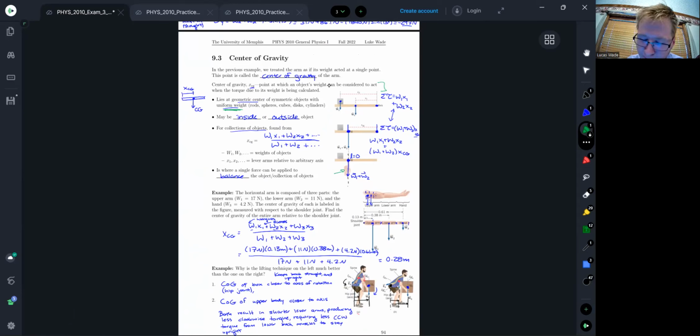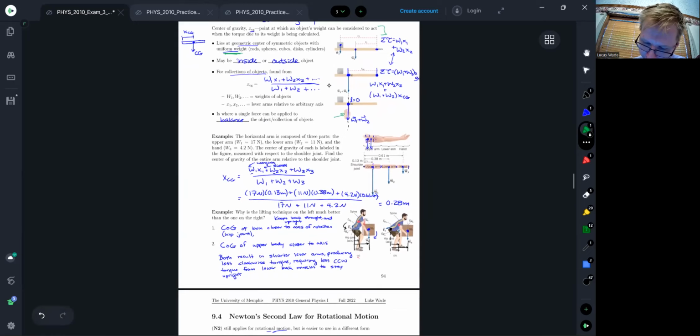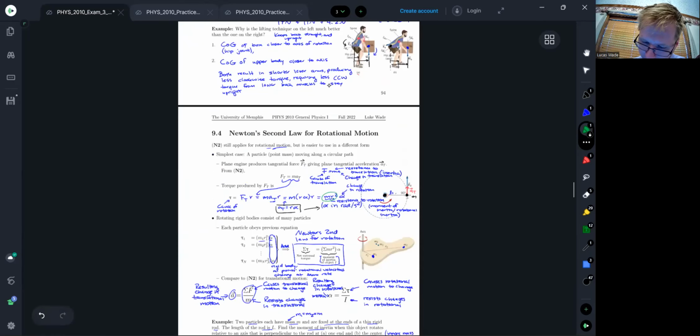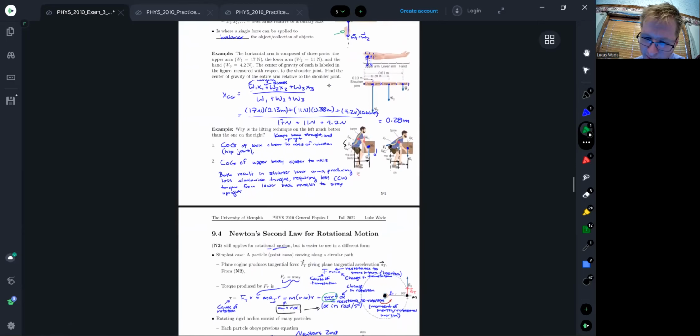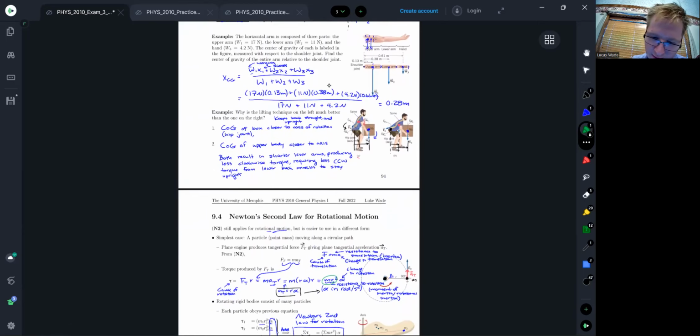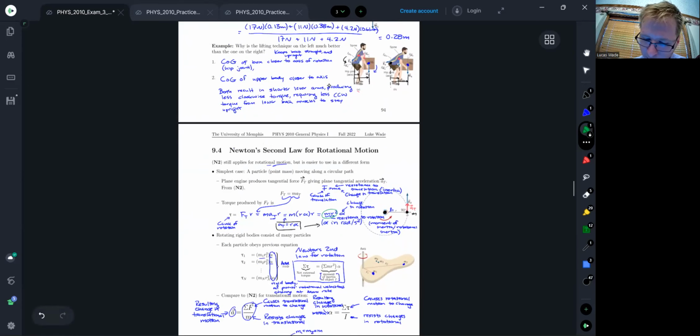And if that point happens to also be the axis of rotation, then the object will balance, because then it's not producing any torque around the axis. Okay, I don't ever ask you to explicitly calculate the center of gravity. So the example where we calculated that for the arm, there won't be anything quite like that.